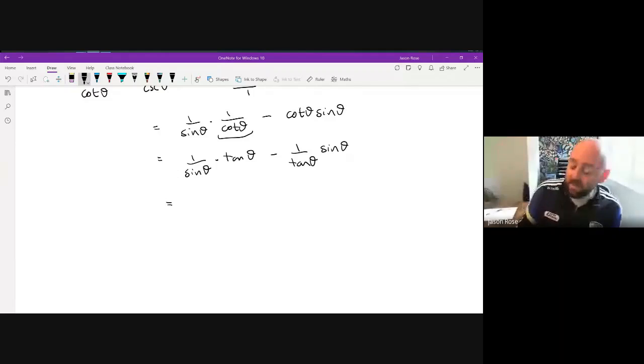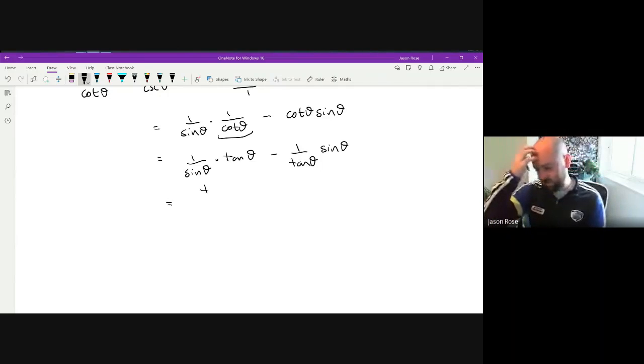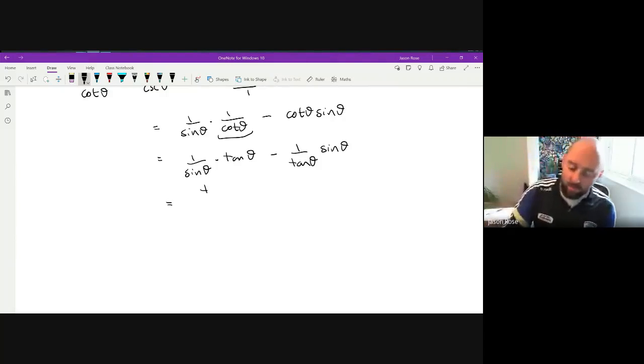You might then say, I was trying to avoid changing tan into sine and cosine, but it seems hard to avoid, unless maybe we can avoid it. So I can do tan over sine minus sine over tan. Yeah, I can probably do next tan theta divided by sine theta minus sine theta divided by tan theta.